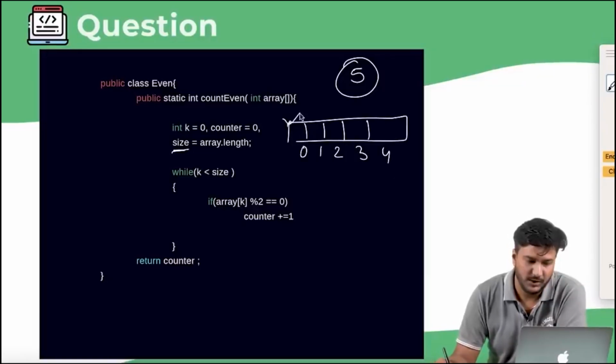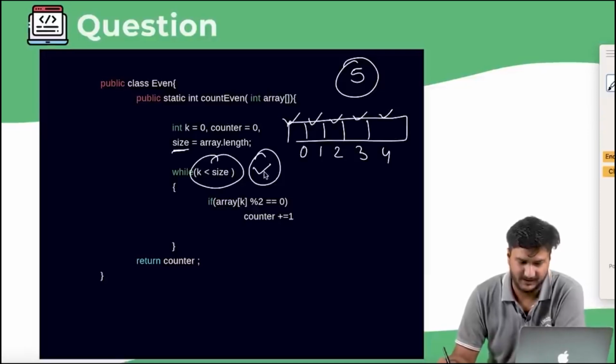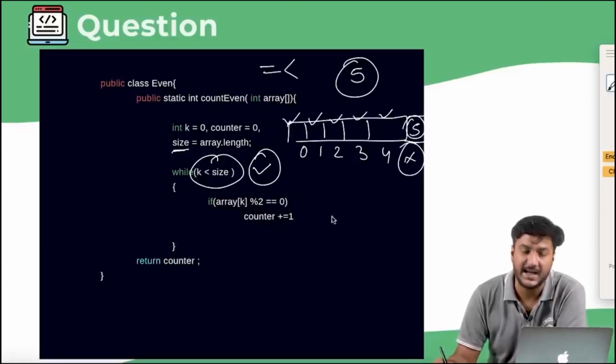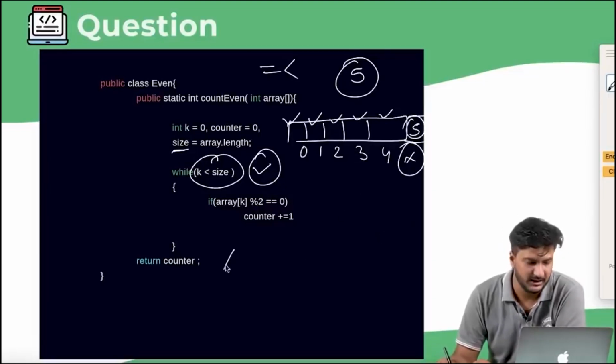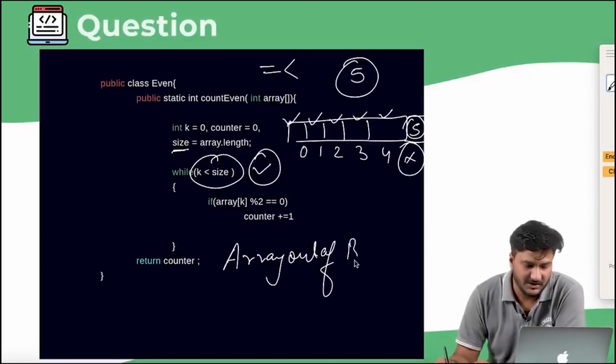So k less than size is perfect. You don't need less than or equal to size, because in that case it will try to go to the 5th index also, and then the array out of bounds exception would come.